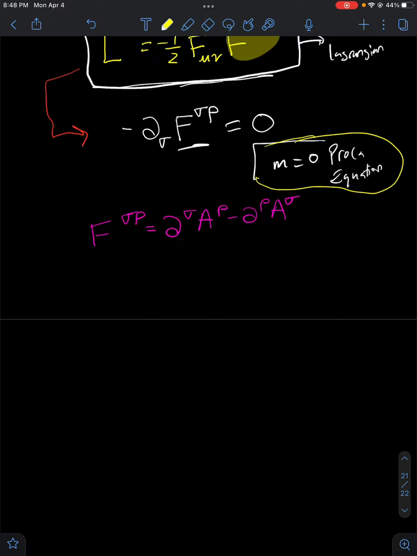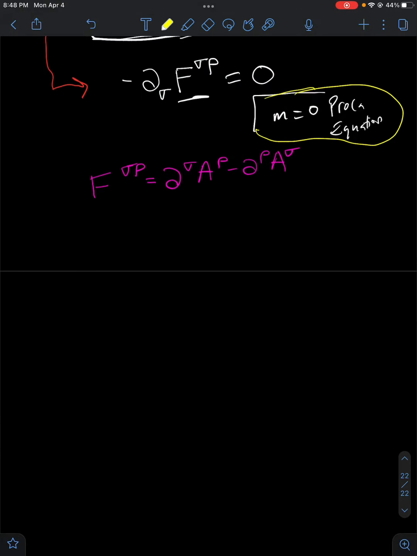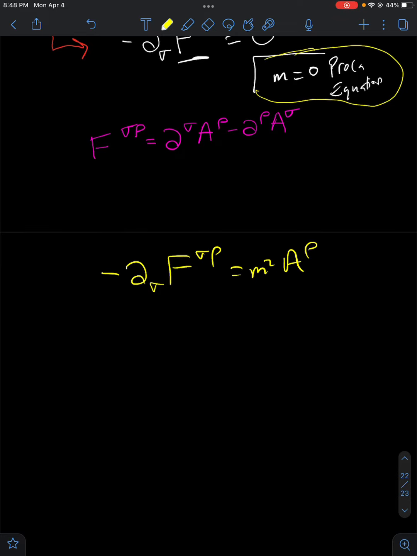Well, when we were solving the Proca equation, what we did was we took the partial derivative, the partial rho derivative, on both sides, with respect to some x rho parameter. And this was for the Proca equation, by the way.